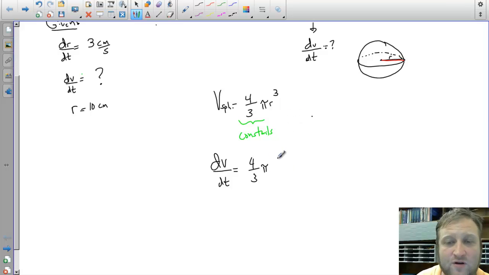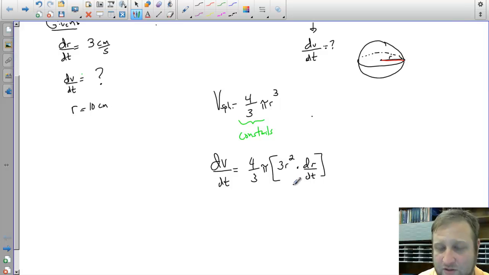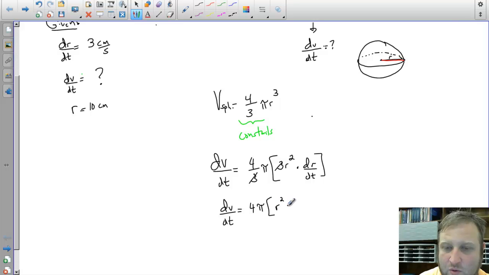The derivative of r cubed gives us 3r squared, times the derivative of r with respect to time, which is dr over dt. Now we can recognize that our 3's will cancel. So simplifying this, we have dV over dt is equal to 4 pi times r squared times dr/dt.